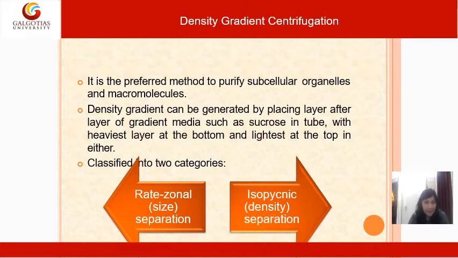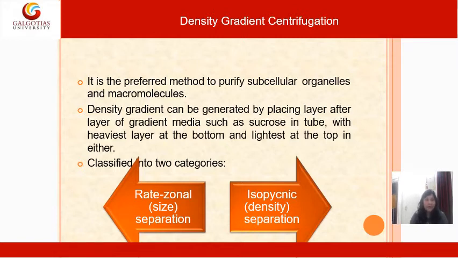For isopycnic separation, the density gradient centrifugation is continued until the buoyant density of the particle of interest and the density of the gradient are equal. This is a preferred method to purify subcellular organelles and macromolecules. As I told you, I will explain rate zonal and isopycnic density gradient centrifugation.